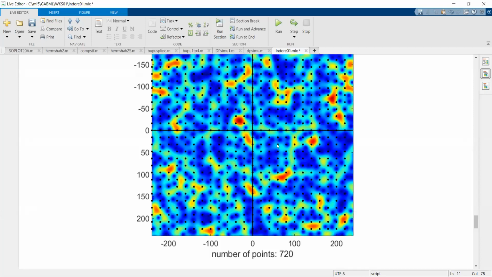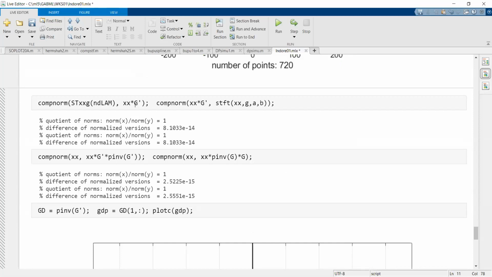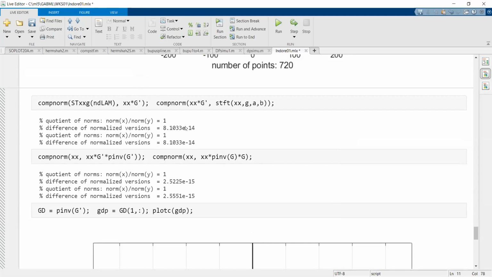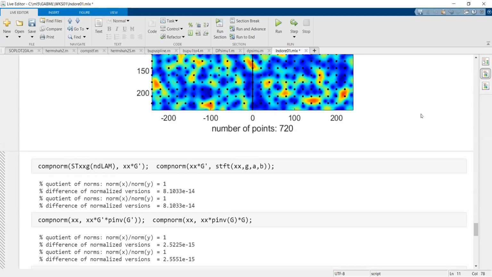So at this point, I have a time frequency shift operator, and I put all these 720 elements together, and I take ordinary scalar products with my random signal. And then the comp norm routine says, these are the same data. So in linear algebra, you would say, I have a bunch of vectors, like 5 vectors in R3, and I try to reconstruct my vector from those 5 scalar products.